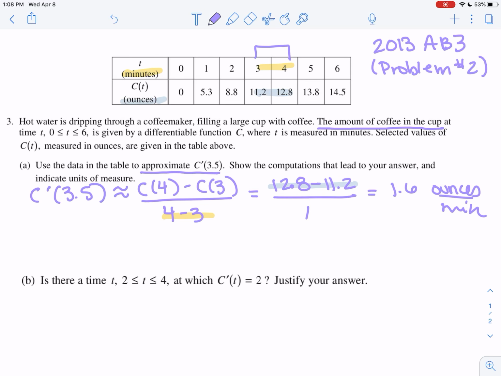Again, I'm taking it a step further than what they asked for, and I'm also going to explain the meaning of our answer in the context of the problem.